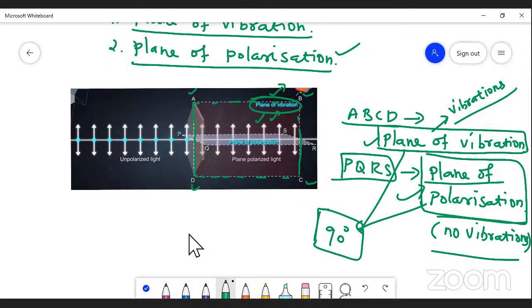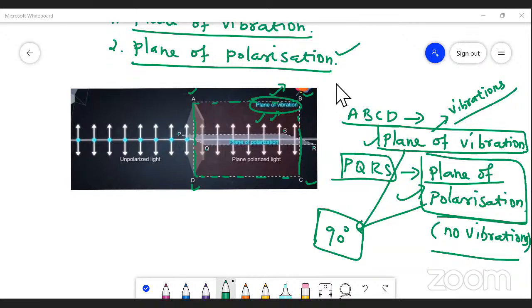Okay, come on, tell me what is the plane of vibration and the plane of polarization? The plane which is parallel to the optic axis of the crystal, in which vibration occurs, is called the plane of vibration.